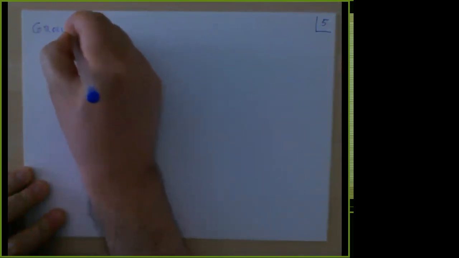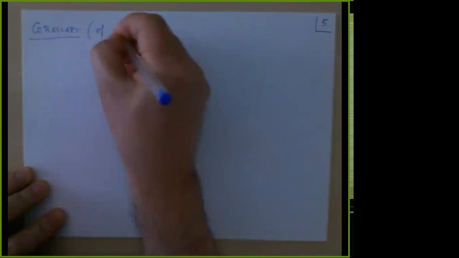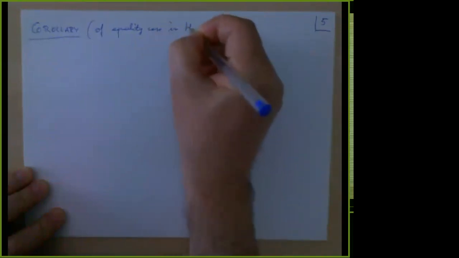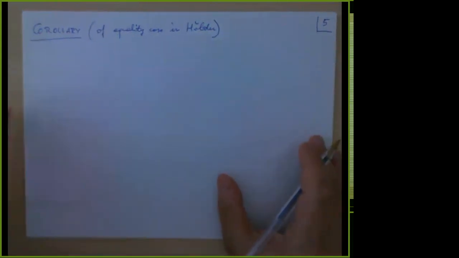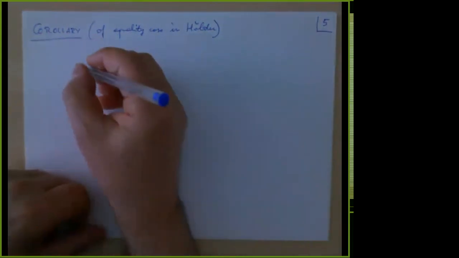Now that we have this, we show, and this is probably the first example that I give, that having a characterization of equality sometimes is very useful, and we prove it in this corollary. So it is actually a corollary of the equality case in Hölder. And this goes under the name of quasi-linearization, but I don't suggest you remember it.